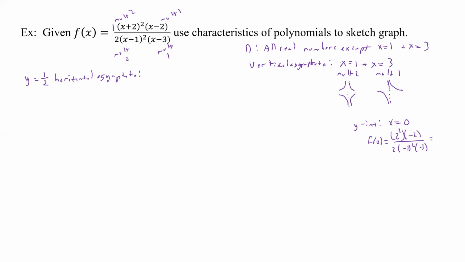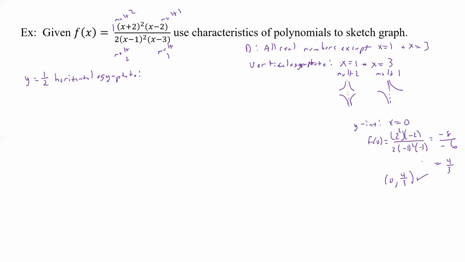So it's 4 times negative 2, which is negative 8, over a positive 1 times negative 3, so 3 times 2 is 6, negative 6. Reduce that, 2 goes into both, and it's positive 4 over 3. So our y-intercept is the point (0, 4/3).